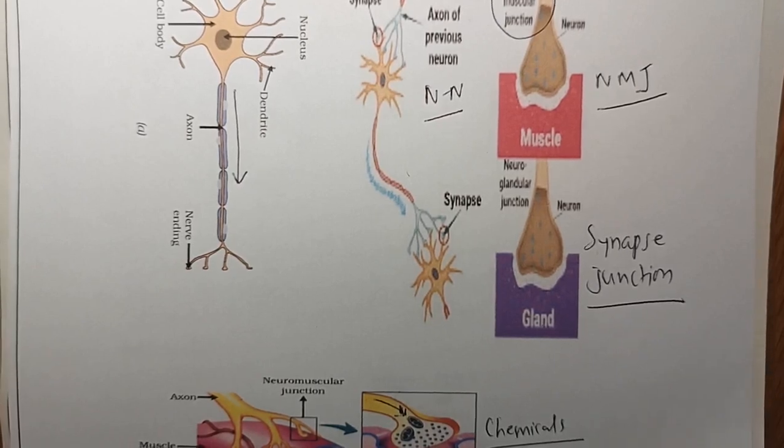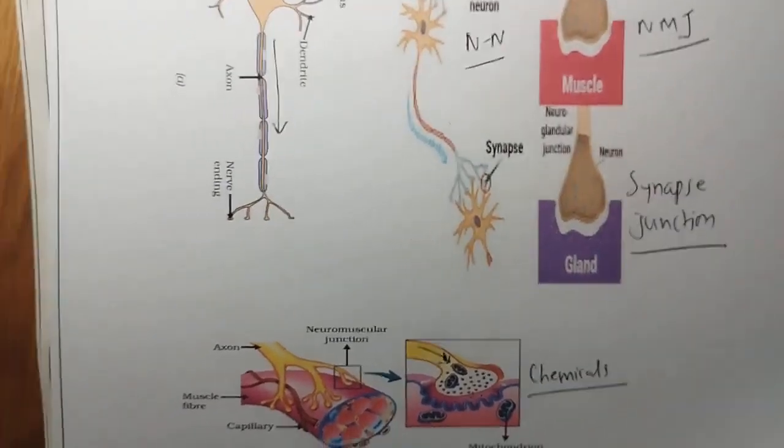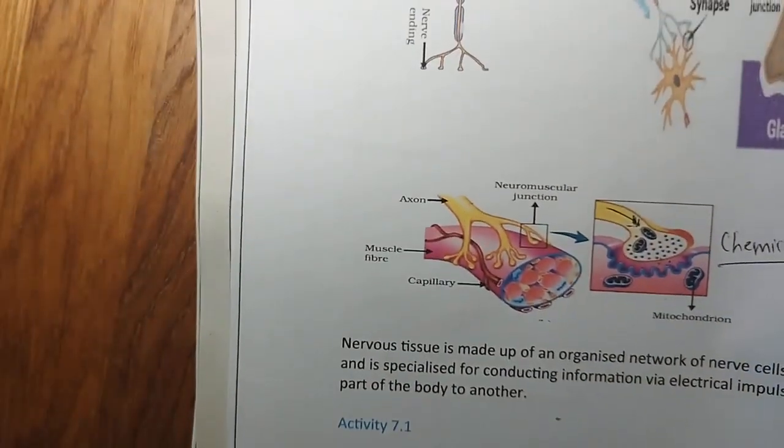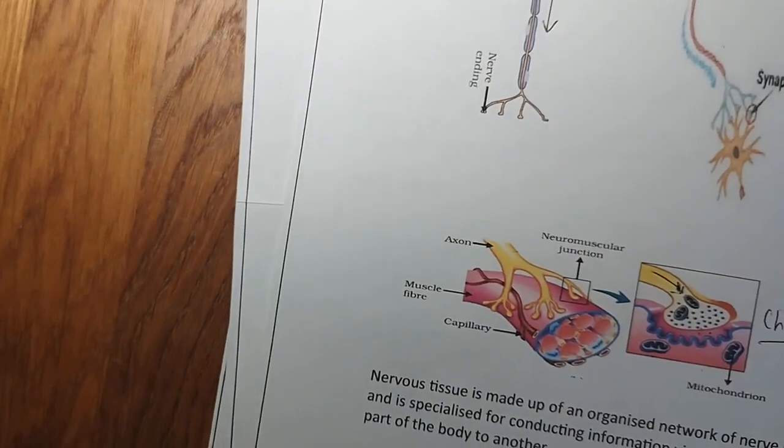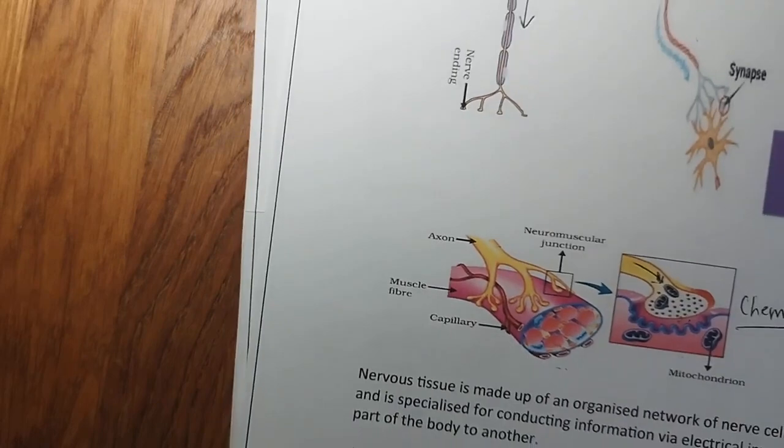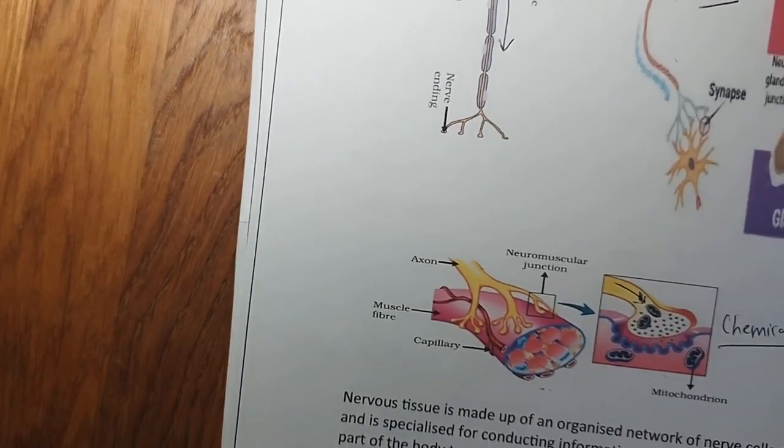There is an activity described in your CBSE book, activity 7.1, and the activity asks you to test some sugar in your mouth.